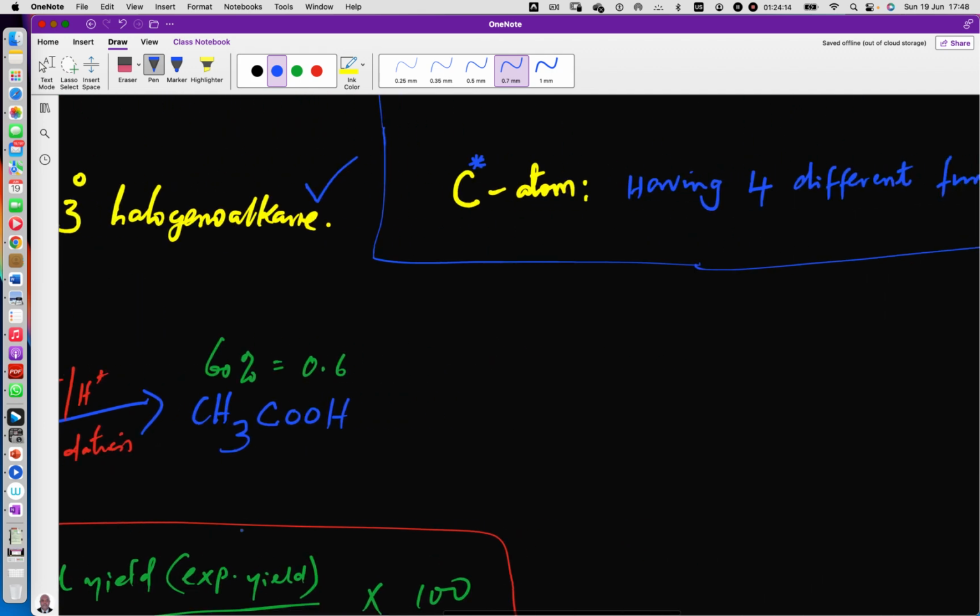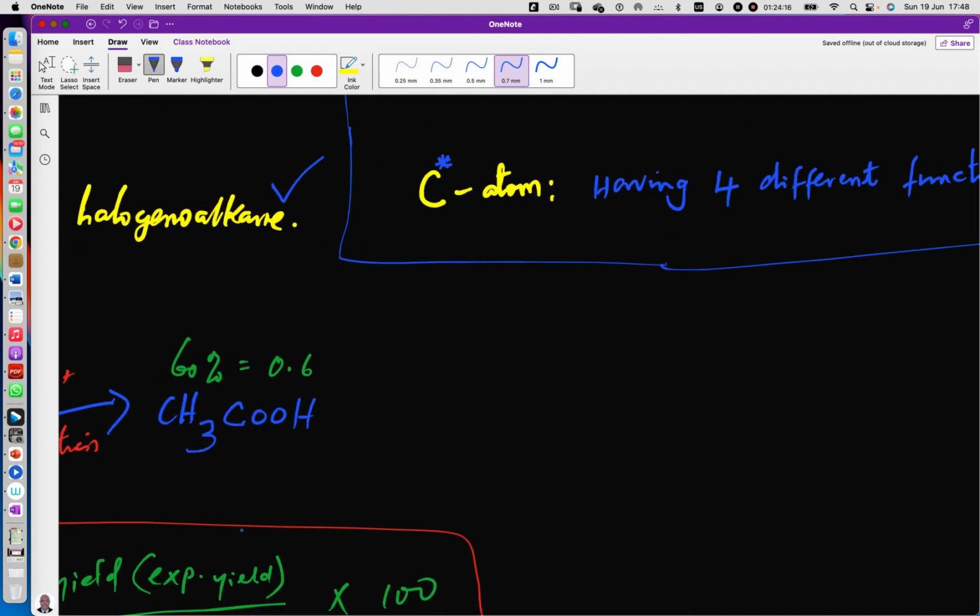Now, if water donates a proton, a conjugate base is that substance that is left after the acid has donated its proton.